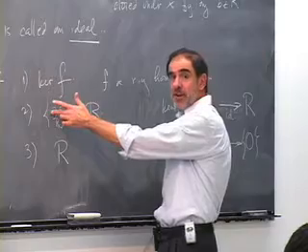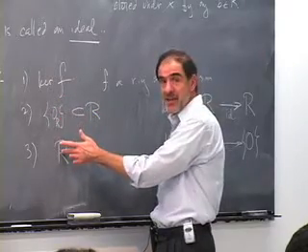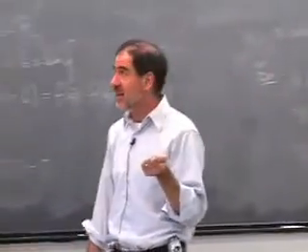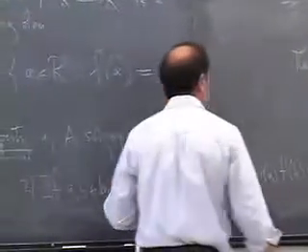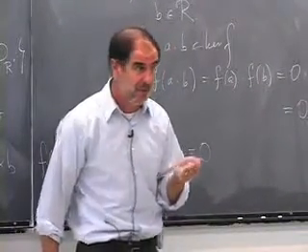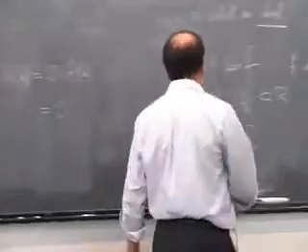This is as small as you can get an ideal. This is as large as you can get an ideal. We're going to show, just like normal subgroups, that every ideal is the kernel of a homomorphism, so that this is the most general. But I'll give you another example.